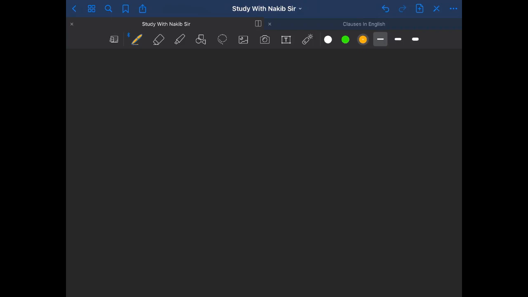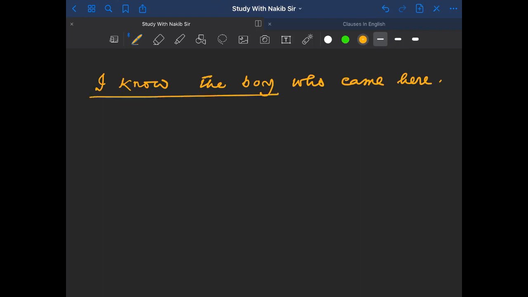See the example, then you can clear your concept. See, I know the boy who came here. Okay, now see, if you say I know the boy, immediately one question will come, which boy? Because the boy is preceded by the definite article the.